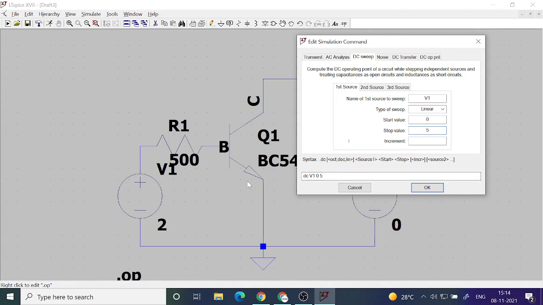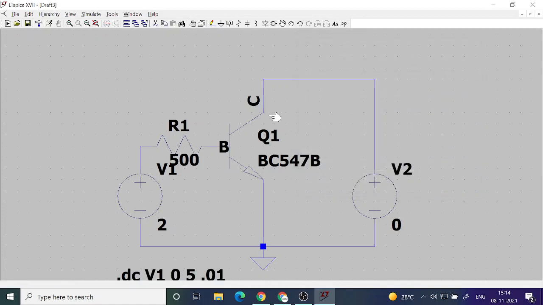But that doesn't mean the forward bias voltage is going to go to 5 volt. There is going to be a drop across the resistance, and the remaining will only be coming across the forward bias junction. Okay, and again let's say this is 0.01. And then let us run it.